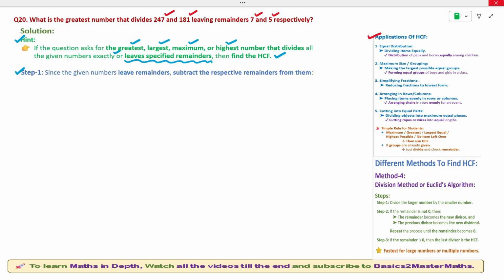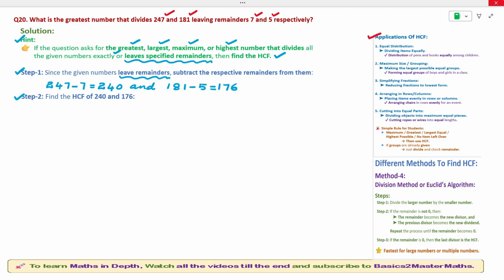Step 1. Since the given numbers leave remainders, subtract the respective remainders from them. That is, 247 minus 7 gives you 240 and 181 minus 5 gives you 176.